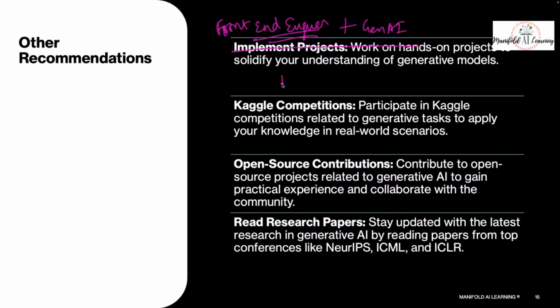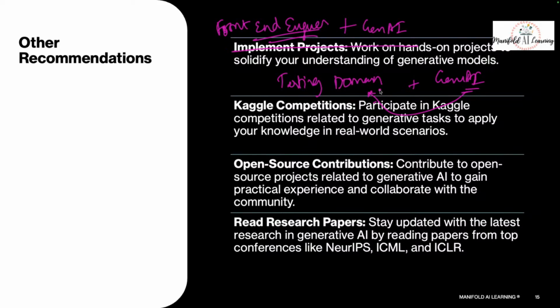Now, if you're someone in the testing domain, testing various applications, let's suppose you're working with test automation, then think about using generative AI and build a project which will help you perform the testing in an effective manner.